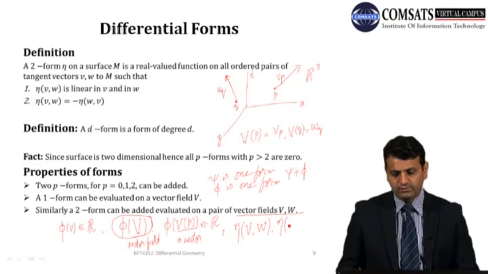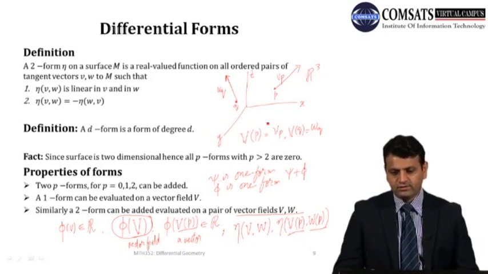So at a point P, this function will be defined as eta of V of P and W of P. So what is V of P? It is a vector. And what is W of P? It is another vector. और इन दोनों का जो point of application है वो same है. They are vectors at the same point.